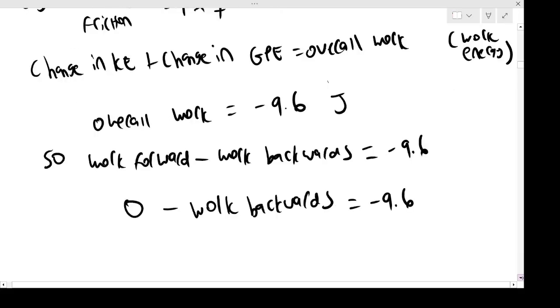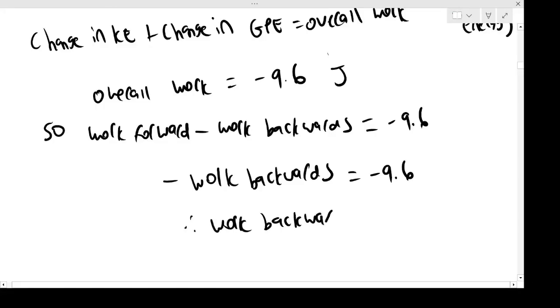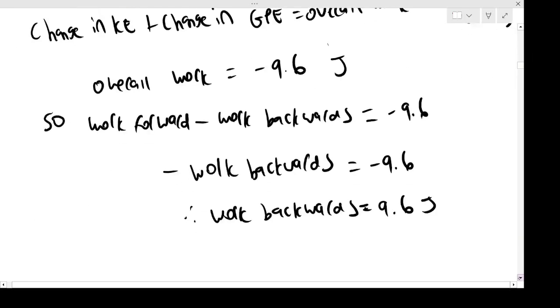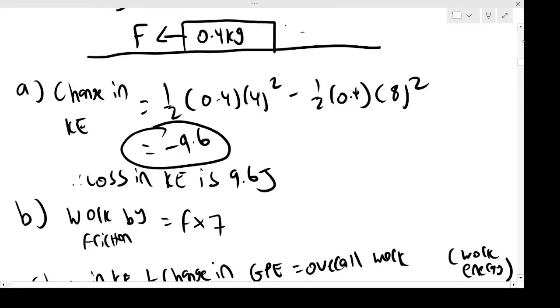Very simply, we get two negatives, so we change it to a positive. So the work backwards is positive 9.6 joules. No need to be scared about the negative, it all works out fine in the end. That's the same as the work backwards, because the backwards force is the friction. That is the work done by friction. So work by friction is 9.6 joules. So there we are.